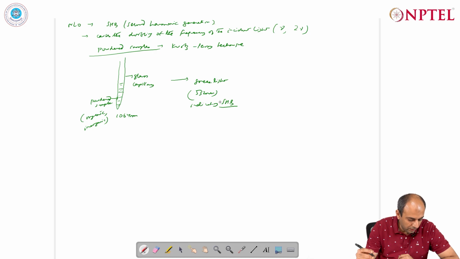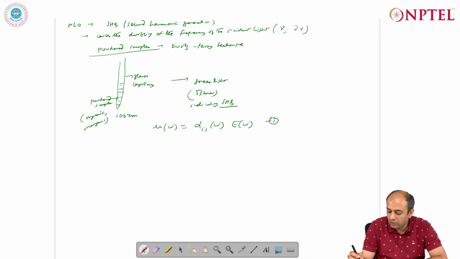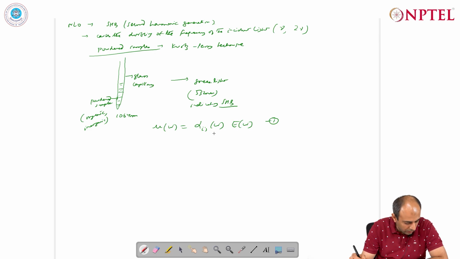So what we can now see is that when you shine light of a particular frequency omega, the extent of polarization in the molecule, mu, which is a function of the frequency, has a linear component, but it also has a non-linear component as well.